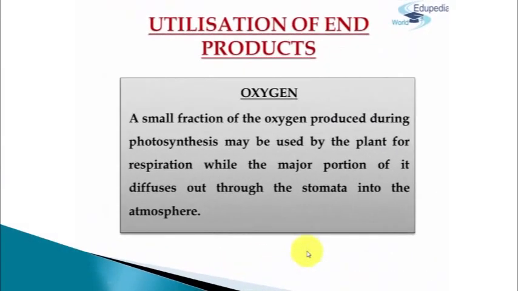The next end product is oxygen. A small fraction of oxygen produced during photosynthesis may be used by the plant for respiration, while the major portion of it diffuses out through the stomata into the atmosphere.